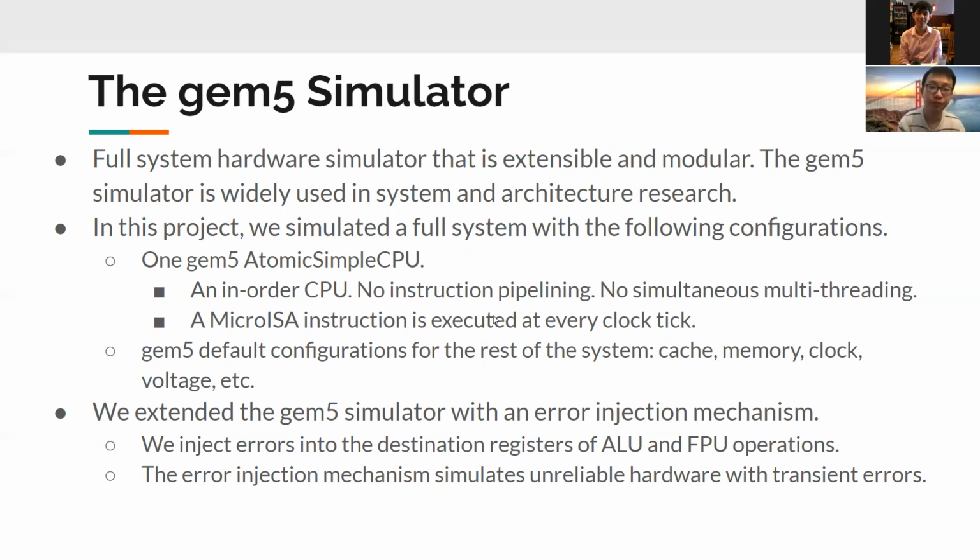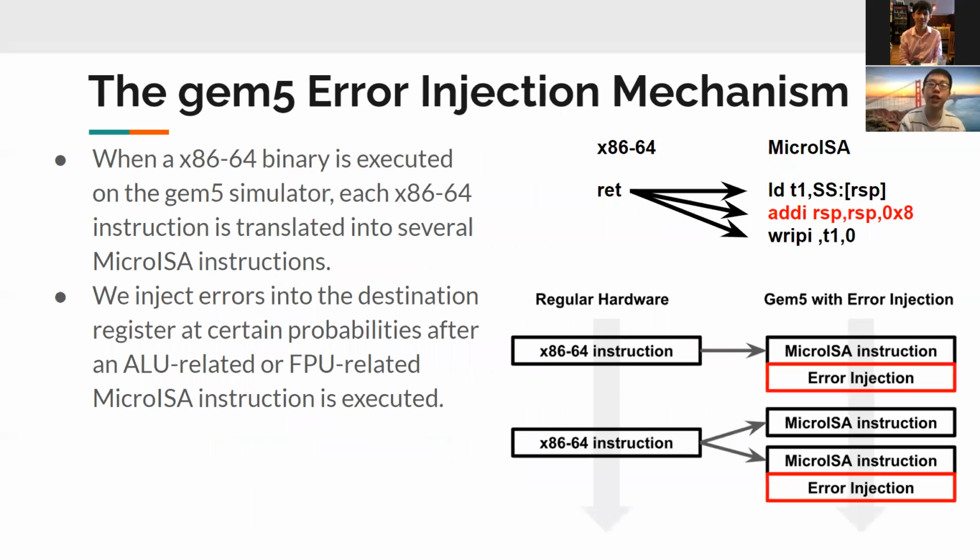Next slide. Here's how the error injection mechanism works. When a binary is executed on the GEM5 simulator, each x86 instruction is translated into several micro-op instructions. After the execution of each micro-op instruction, if it is ALU or FPU related, we inject errors into the destination register. Here's the example on the right.